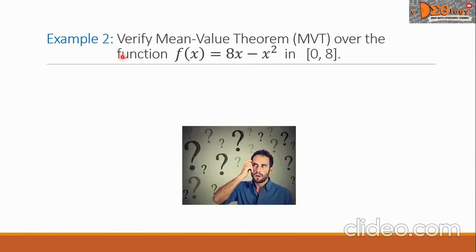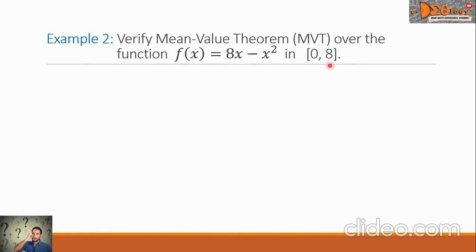Example 2. Verify mean value theorem (MVT) over the function f of x equals 8x minus x squared in the closed interval from 0 to 8. For our solution, the two conditions must be satisfied.